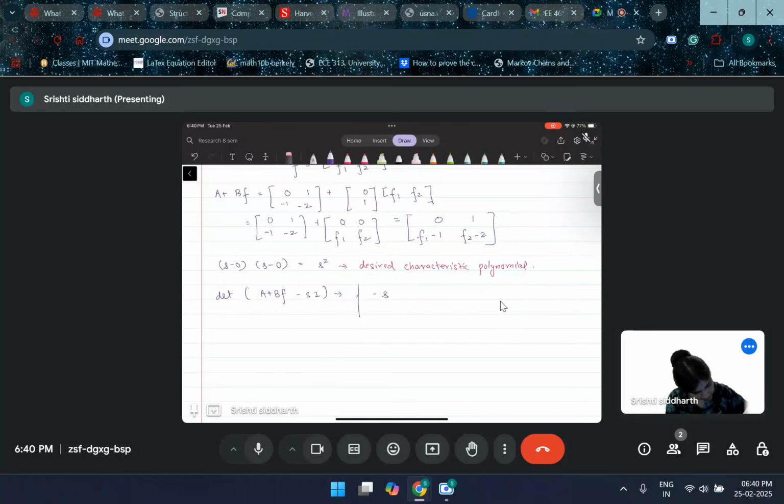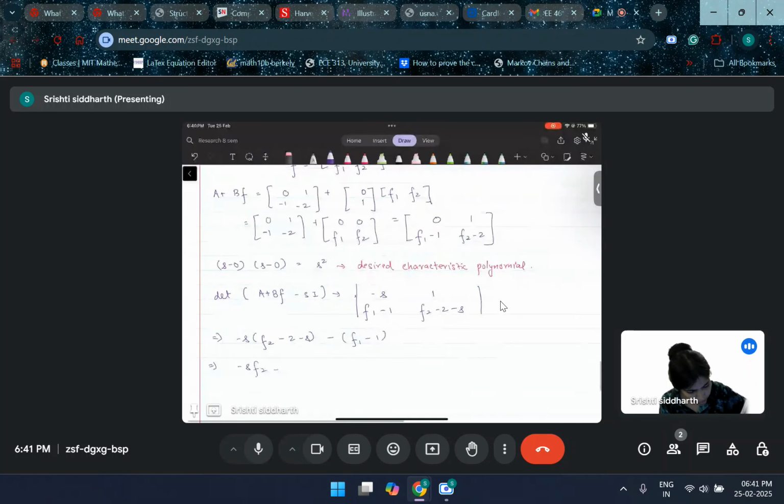This is minus s F2 plus 2s plus s square minus F1 plus 1 equals 0. So let's write this down: s square plus s times (2 minus F2) plus (1 minus F1) equals 0. Compare this with s square and we have F2 should be equal to 2 and F1 should be 1.